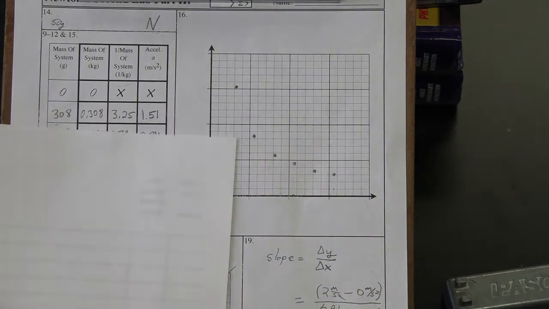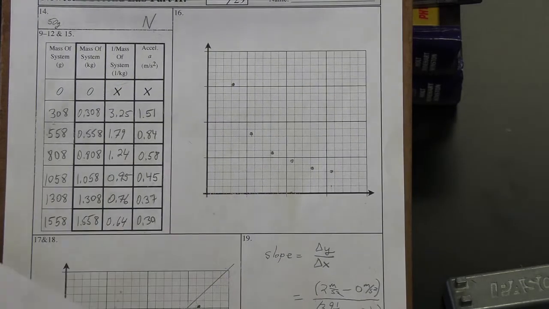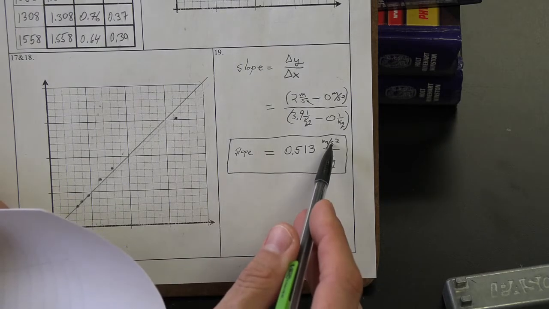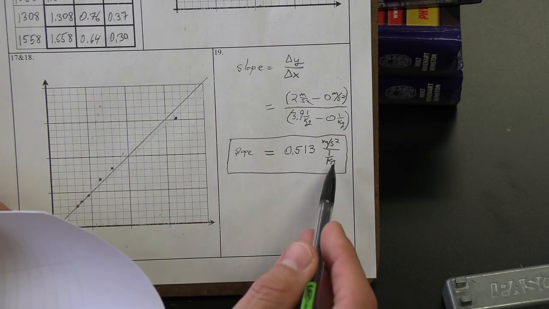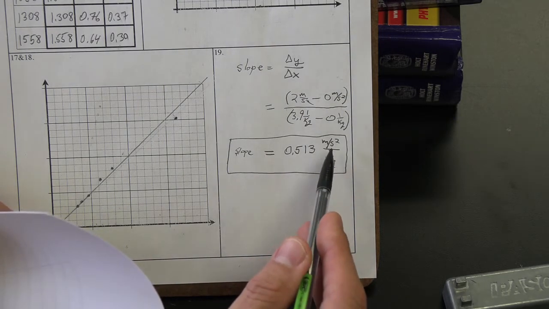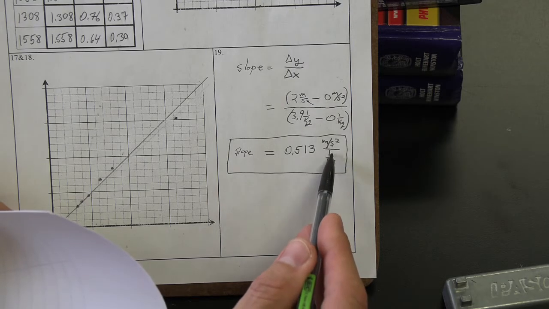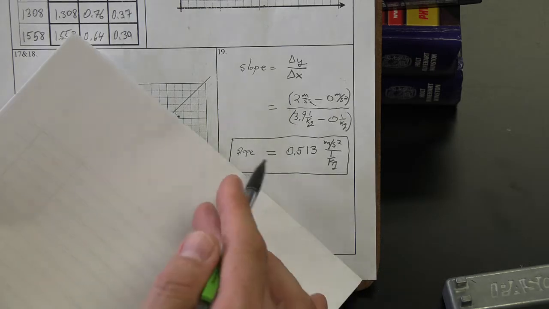Well, notice I've got meters per second squared in the top and 1 over kilograms in the bottom. Meters per second squared is acceleration. This is 1 over mass. So what I have is the slope equaling this.